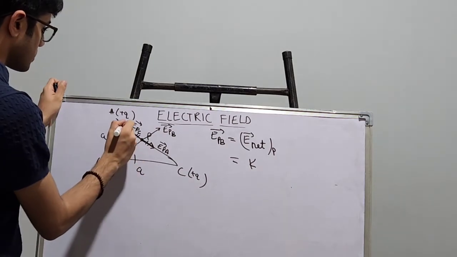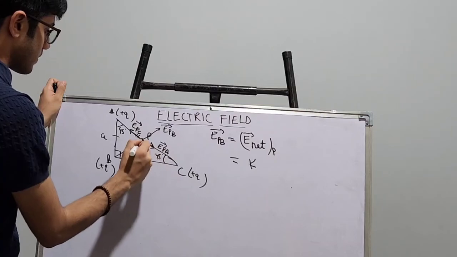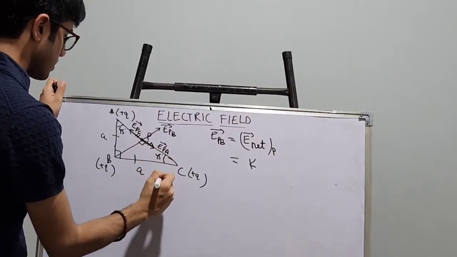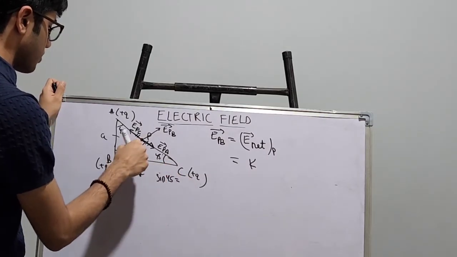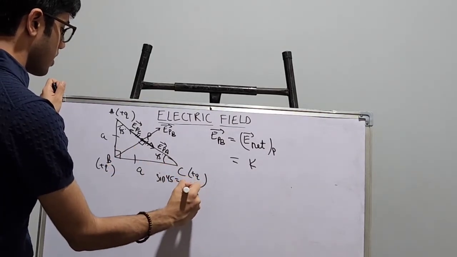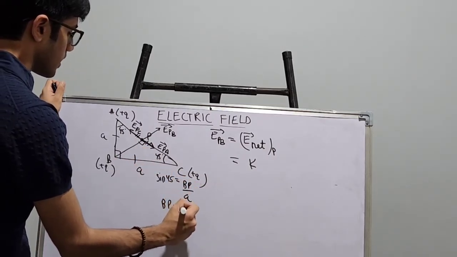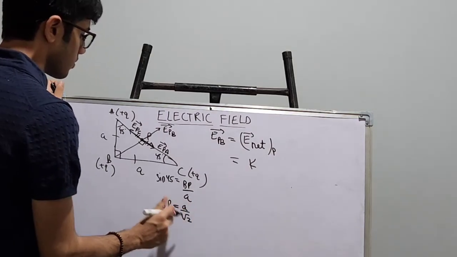Since these two sides are equal, this is 45, this is 45, this is 90. So we can take sine 45 is equal to perpendicular, which is BP upon hypotenuse A. So BP is equal to A sine 45, and sine 45 is 1 by root 2. So BP is equal to A by root 2.